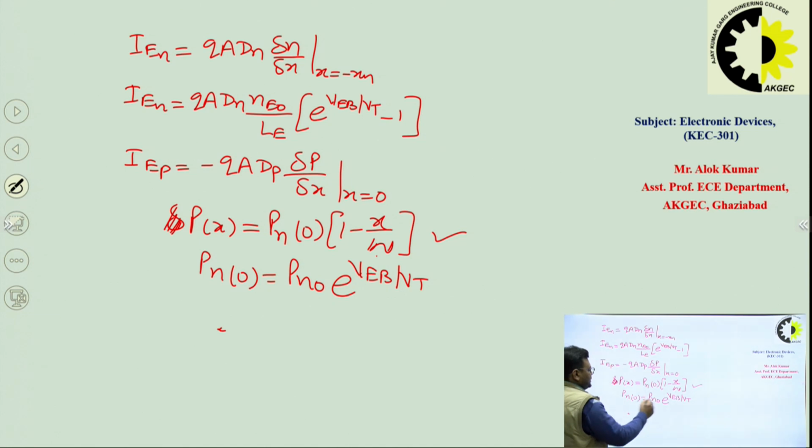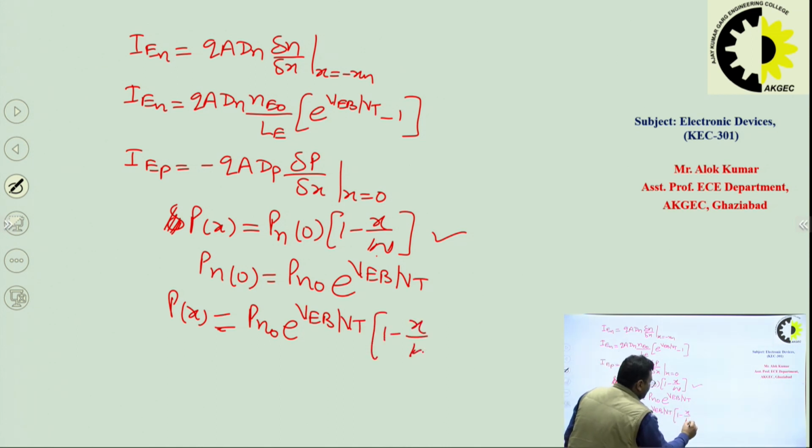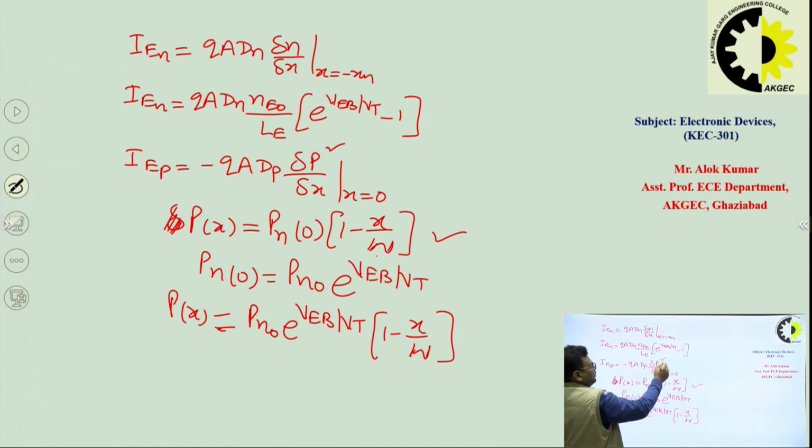Now if I put this here, P(x) will be Pn0 e^(VEB/VT) times (1 - x/W), and I want to find del P over del x at x equal to 0.